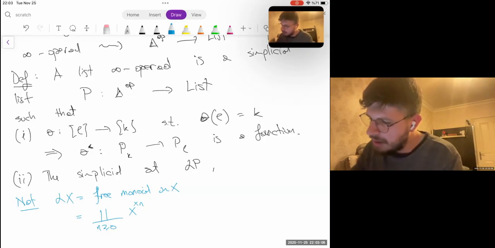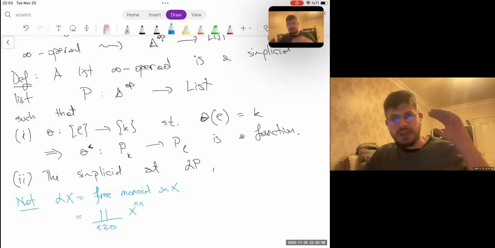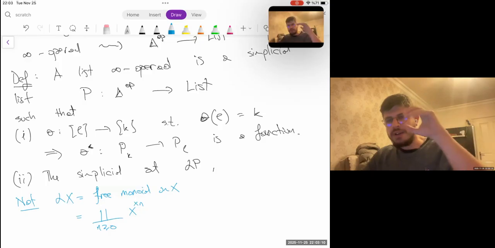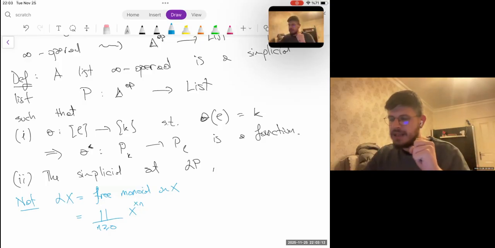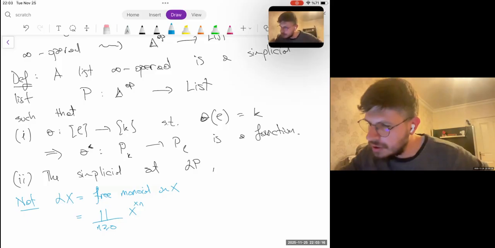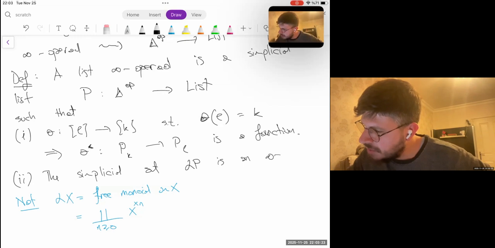And what I mean by LP here is that you take the free monoid functor on each set of simplices and you get a simplicial set. This is just the Kleisli functor, and this is an infinity category.